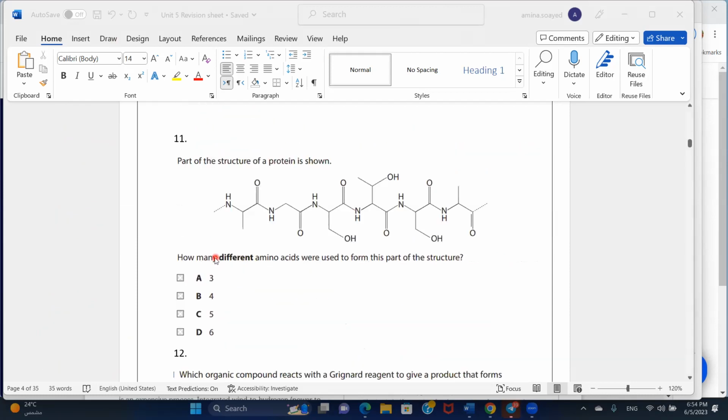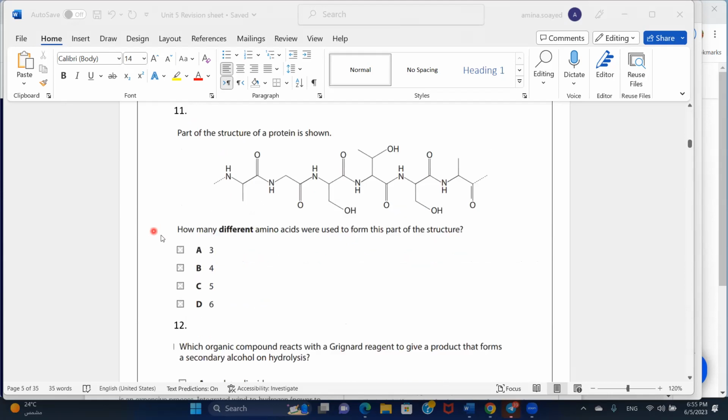Okay, number 11. Part of the structure of a protein is shown. How many different amino acids were used to form this part of the structure? Yes, Sama, excellent.